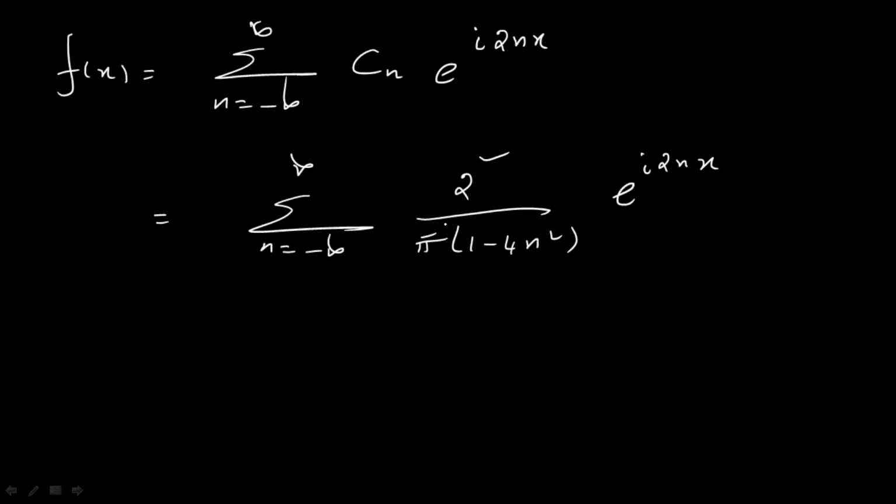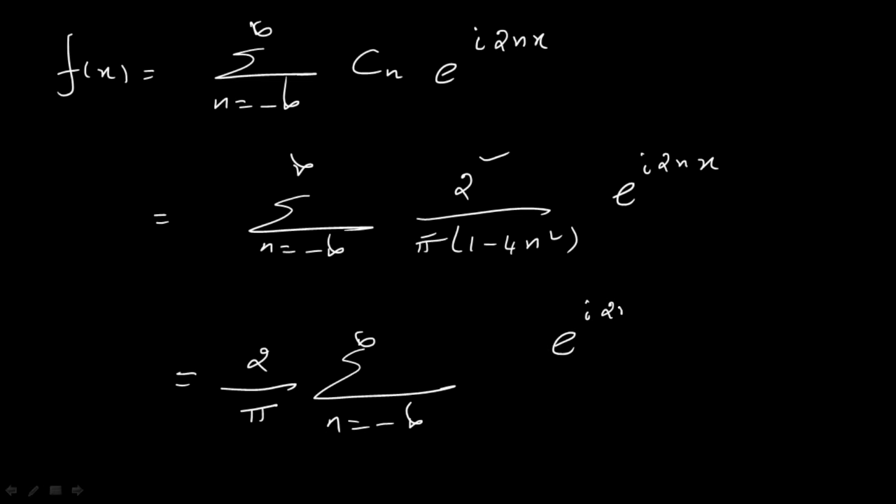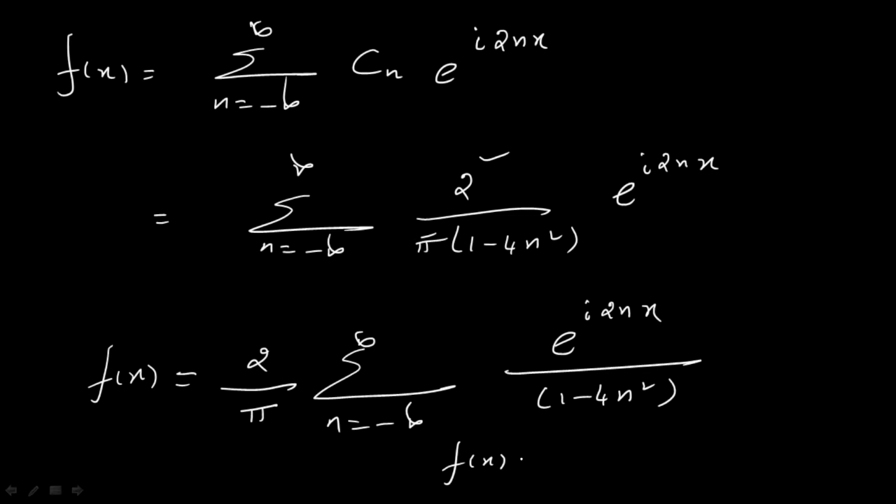Here 2 and pi are constant, so you take it outside of the summation. So 2 by pi sigma n varies from minus infinity to infinity e^(i2nx) upon (1 - 4n²). So this is the complex form of the Fourier series of the given function f(x) = sin x given in the interval 0 to 1. So this is the complex form of the Fourier series representation of the given function.